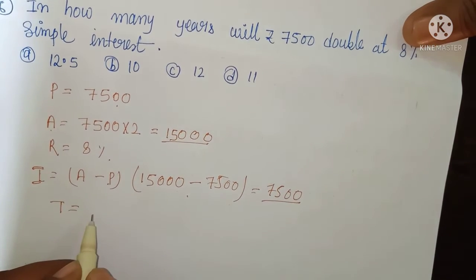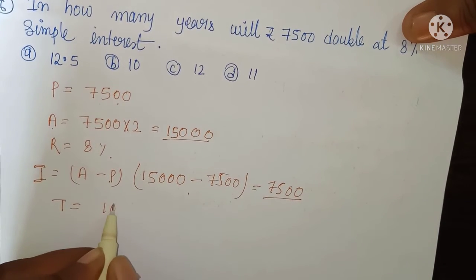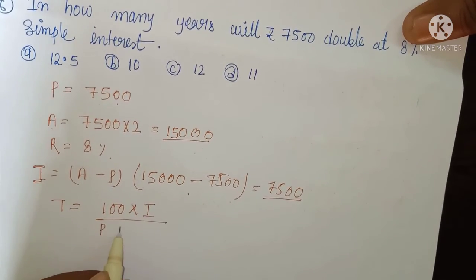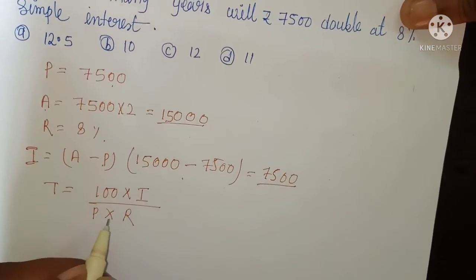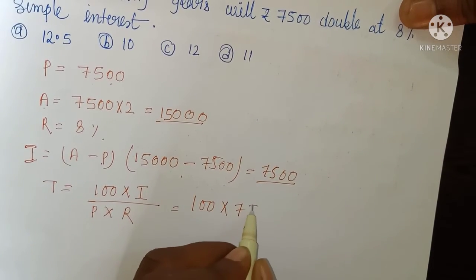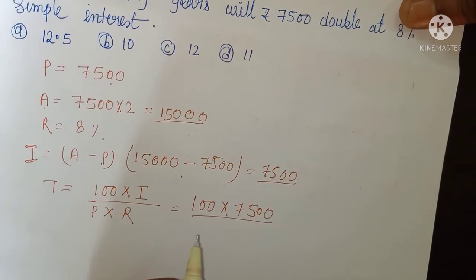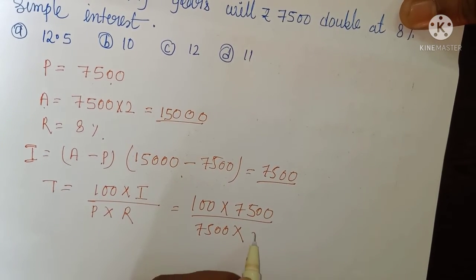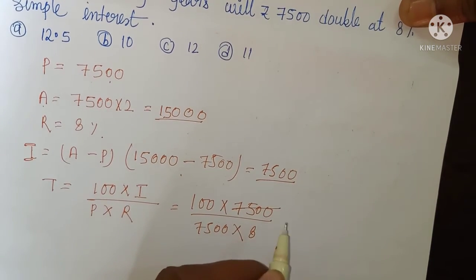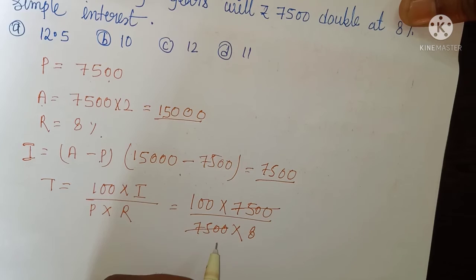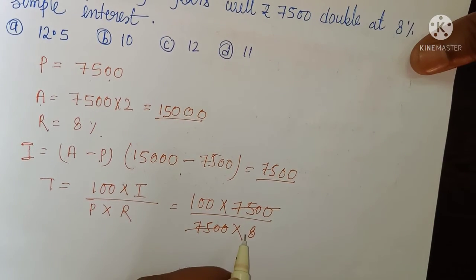Now we have to find time. We know the time formula: 100 into I divided by principal into rate. Then 100 into interest 7,500 divided by principal 7,500 and rate 8%. The 7,500 cancels.